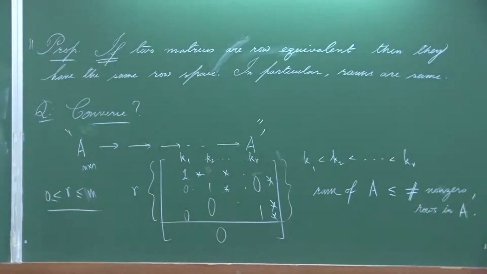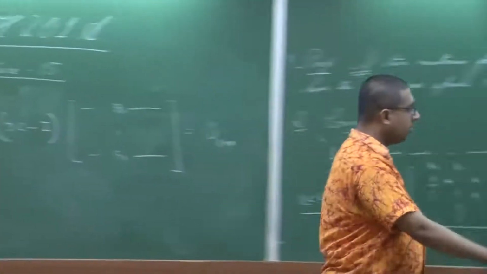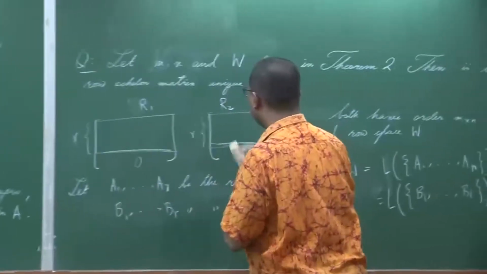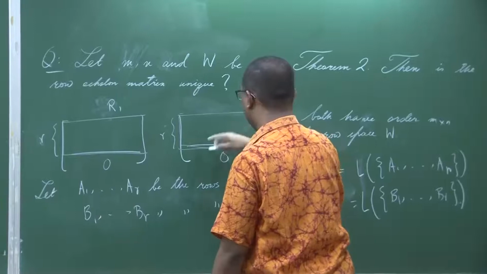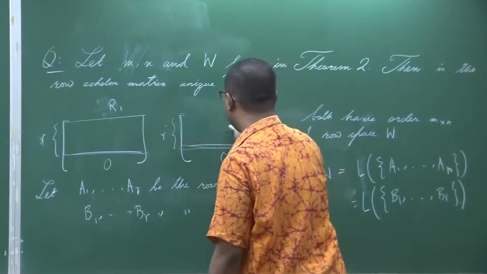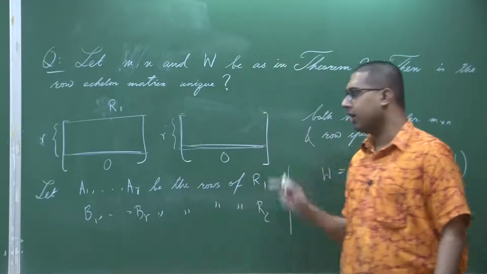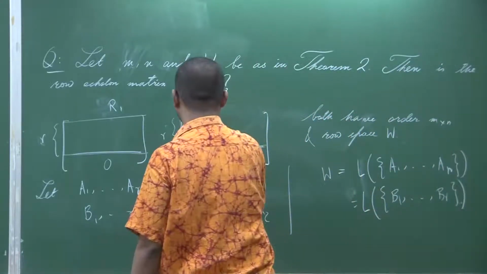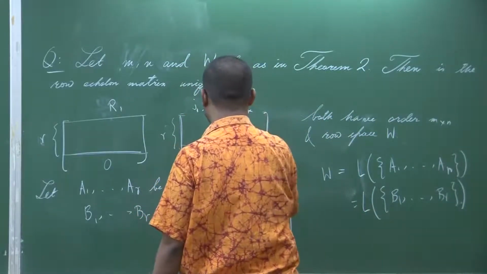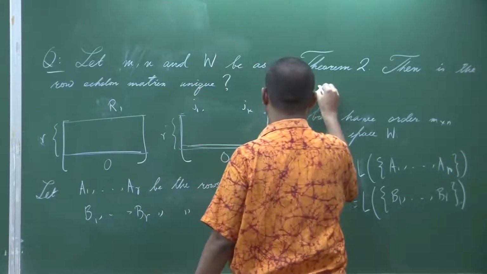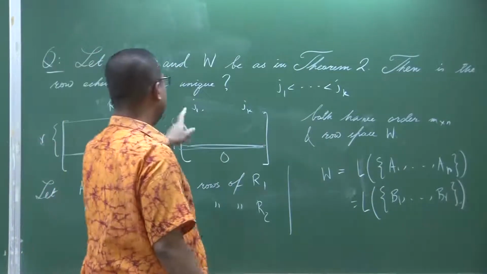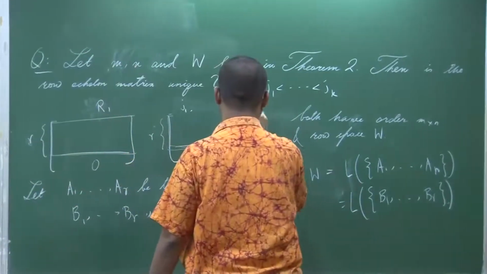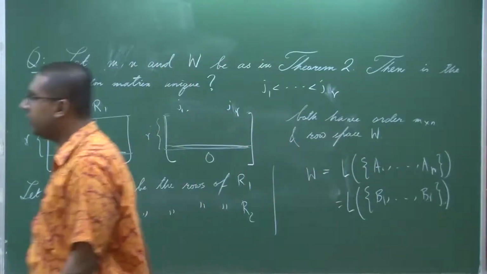So now we are in a very good shape. Why? Since this is the row echelon form, it will have pivots. So let us assume that J1 up to Jk are precisely the columns which contain the pivots. Okay. Good.